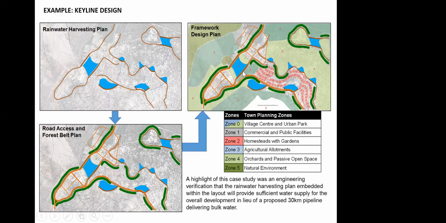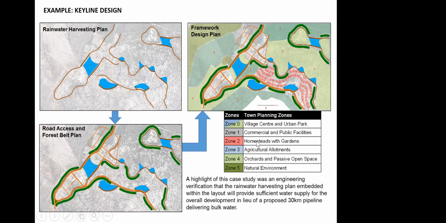In this framework, it's so obvious now that this slight ridge here is where the village ought to be developed. And on the slight ridge, you have a zone 1, where you have your public and commercial facilities. You have a zone 0, which is the heart center of this little village with an urban park on each side. And you have your commercial and public facilities.